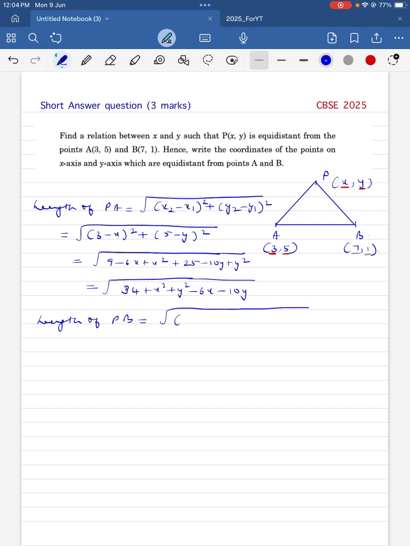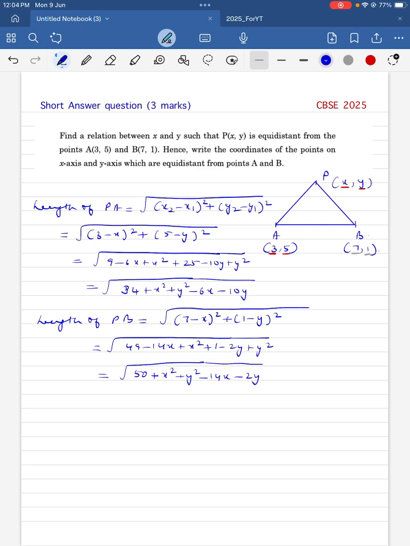So we would have 7 minus x the whole squared plus 1 minus y the whole squared. That would be root of 49 minus 14x plus x squared plus 1 minus 2y plus y squared. Now let me add up 49 and 1 together and I would have 50 plus x squared plus y squared minus 14x minus 2y, all within the root.